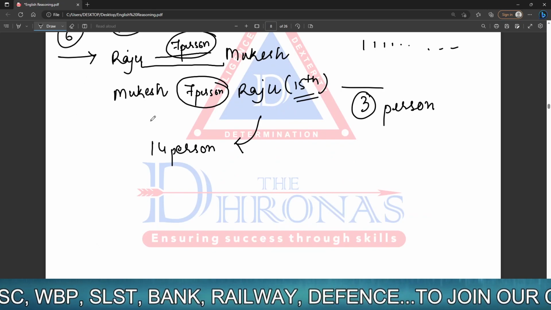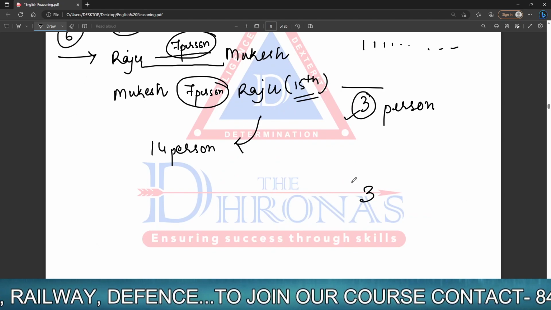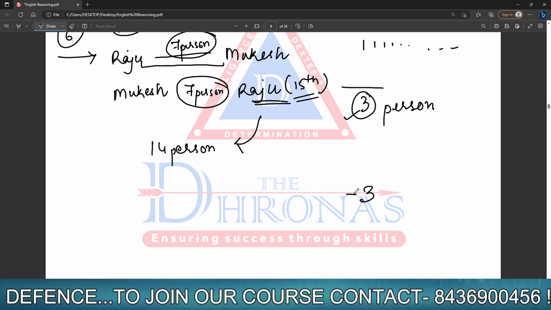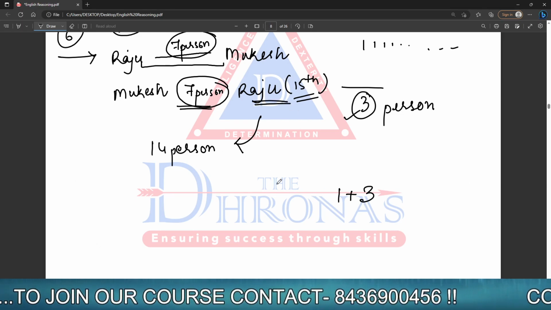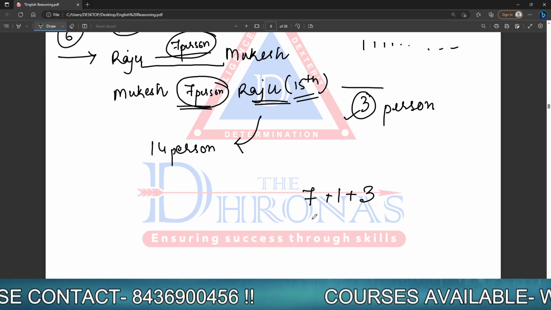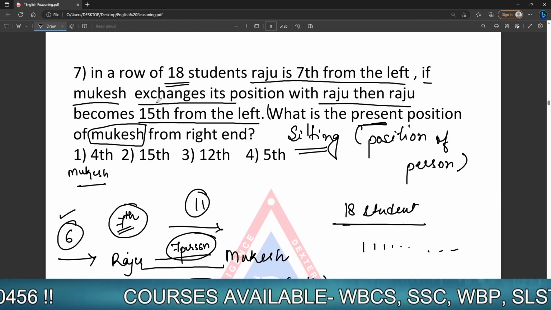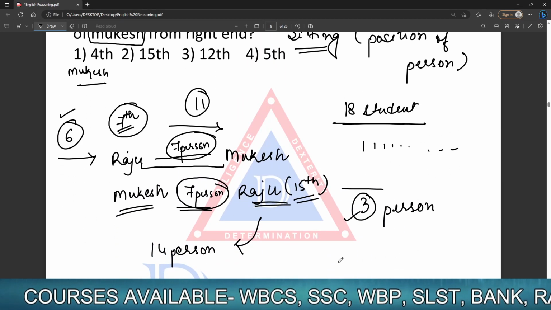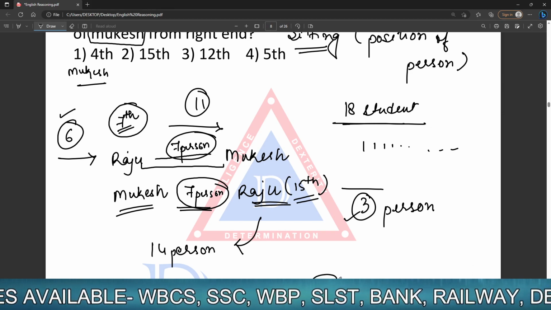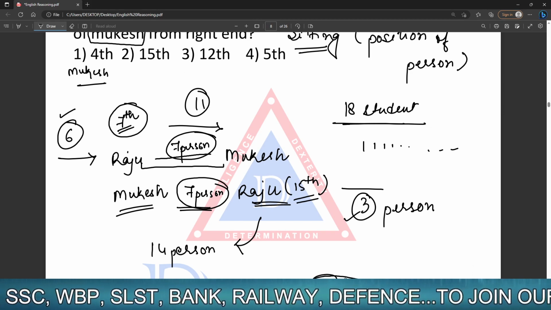So from the right, if there are 3 persons over here, Raju himself plus 1, then we have 7 persons between them. Then Mukesh, what is the position of Mukesh from the right? 7 plus 3, 10. 10 plus 1, 11.